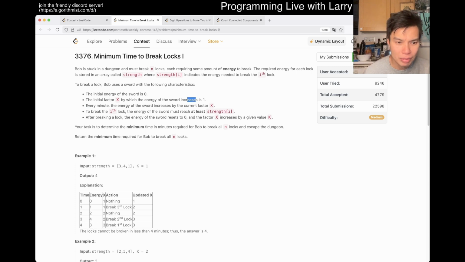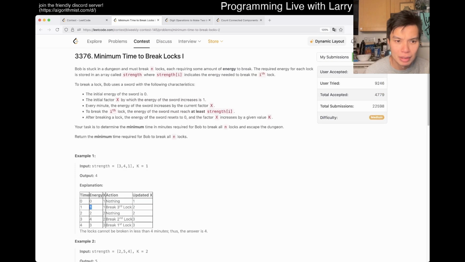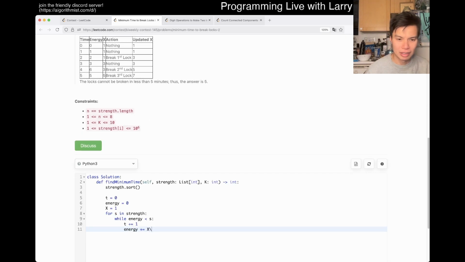This is kind of awkward. Well, that doesn't even mix it right, because it said energy increments by 1, but is this in the wrong order? Initial factor x, because it seems like x increases first maybe? I don't know. Well, we'll see. Yeah. Right.